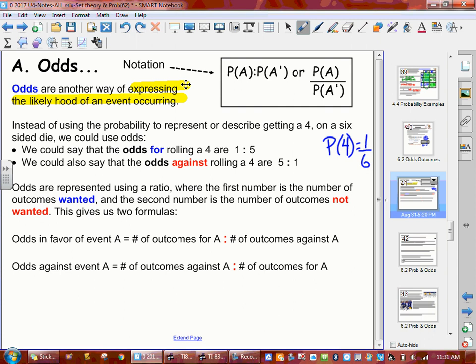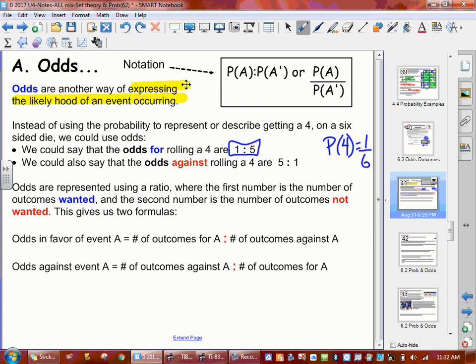However, we're going to use odds. That means 1 is the favorable. How many would be non-favorable out of those 6 numbers if one of them is favorable? 5 numbers would be non-favorable. So we would have 1 to 5. That's why it's written this way, 1 to 5.